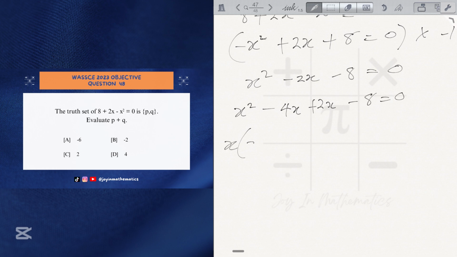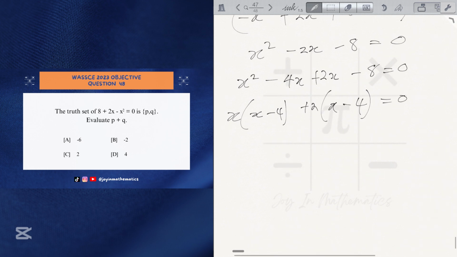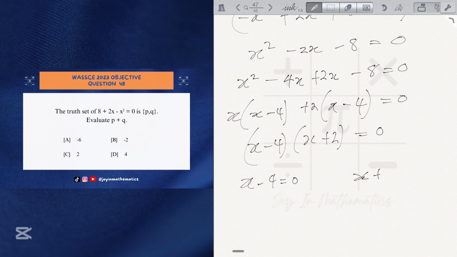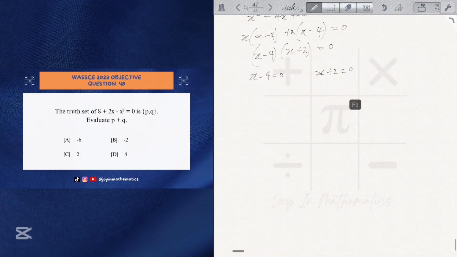Factorizing using x, we have x minus 4, and factorizing using 2, we have x minus 4 also, and then combining them together, x minus 4 times x plus 2 equal to 0. So we have x minus 4 equal to 0, as well as x plus 2 equal to 0. In that case, we have x equal to 4 and also x equal to minus 2.